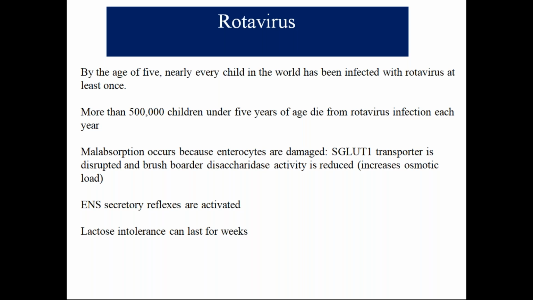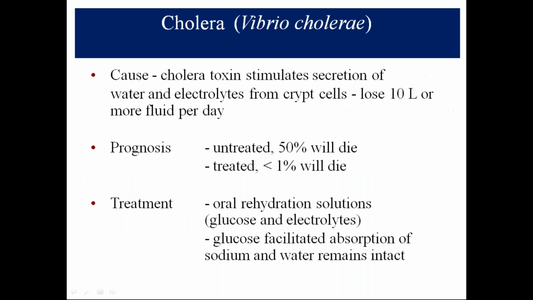Malabsorption occurs in these subjects because enterocytes are damaged, and the sodium dependent glucose transporter is disrupted, which leads to decrease in the absorption of glucose and galactose, and hence there is an increased osmotic load, and this will lead to retention of water in the lumen and cause diarrhea.